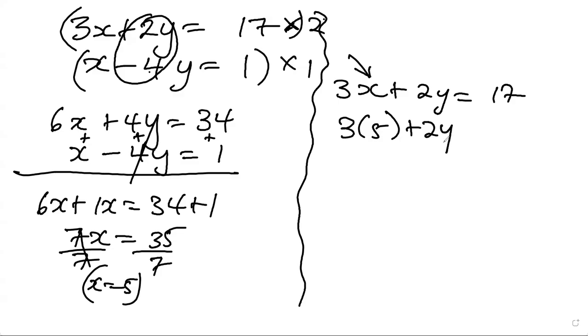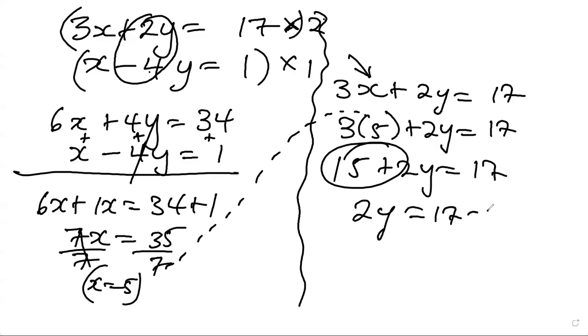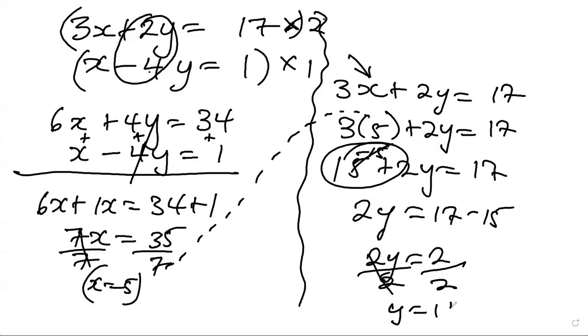We substitute it in the equation. 3 times 5, 15, plus 2y equals 17. And then we subtract 15 from both sides. So if you minus 15 from this side, you minus 15 from this side, and then we divide by 2. So y is equal to 1.